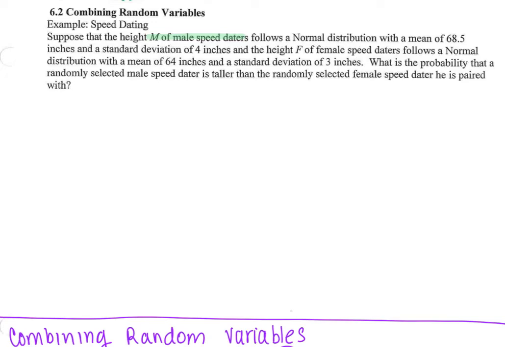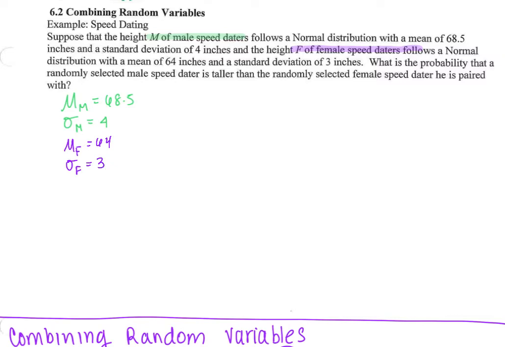So let's record that real quick. The mean for males is 68.5 and the standard deviation for males is 4. And the height of females, we're going to use the letter F for female, follows a normal distribution as well, and it has a mean of 64 and a standard deviation of 3.